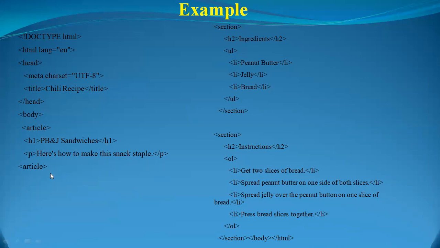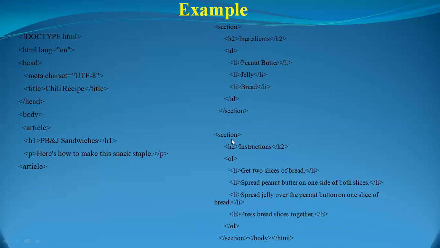Paragraph closed, then article closed. Then section, H2 Ingredients, the unordered list, the list items are peanut butter, jelly, and bread, and close the unordered list, close the section also.